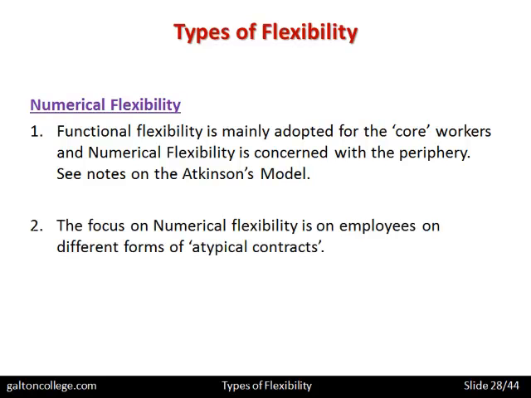The focus on numerical flexibility is on employees on different forms of atypical contract. So generally speaking, the employees in this numerical flexibility context have a more atypical type of contract. It's not a standard contract.